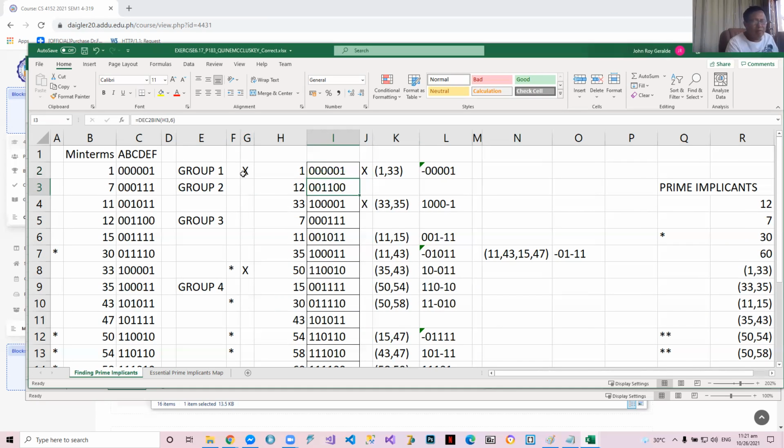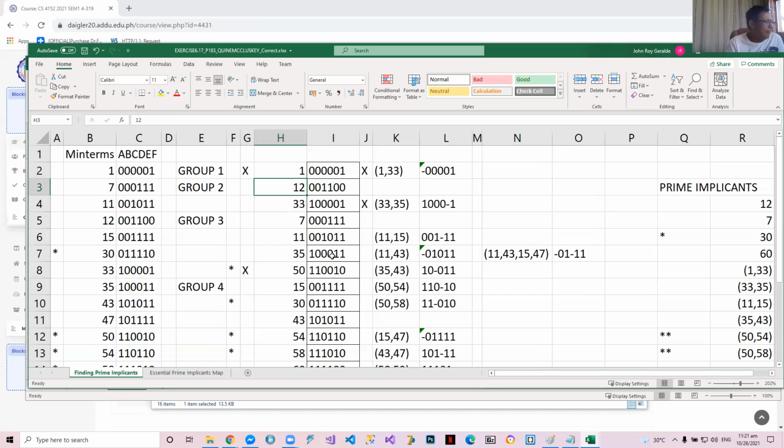We will now compare each member of group 2 to each member of group 3, no? So we compare 12 and 7. 12 and 7 cannot be matched because they differ in more than 1. How about 12 and 11? They differ in 3 positions, so not possible.